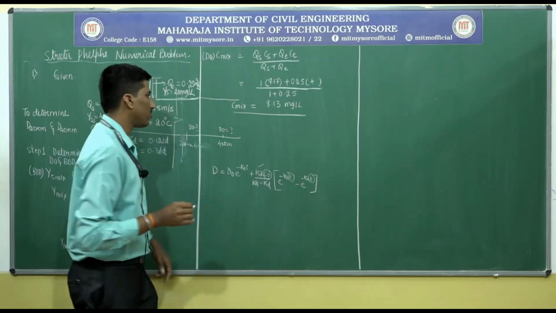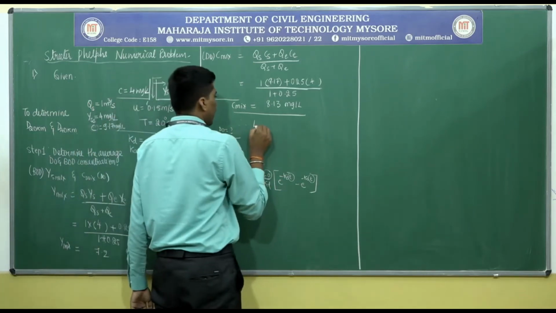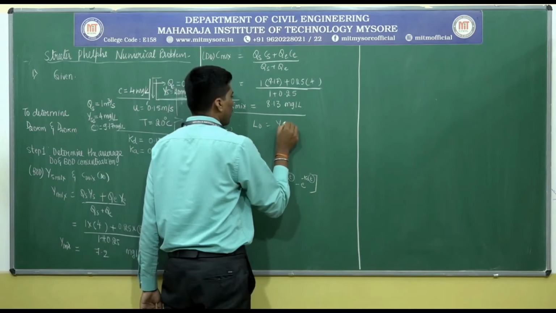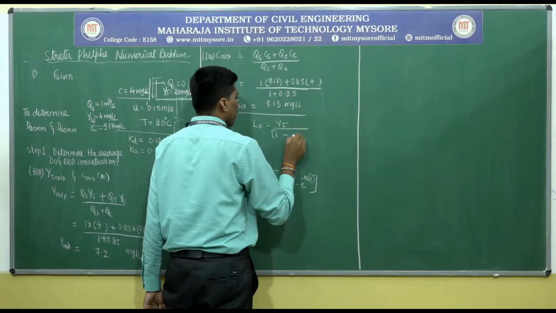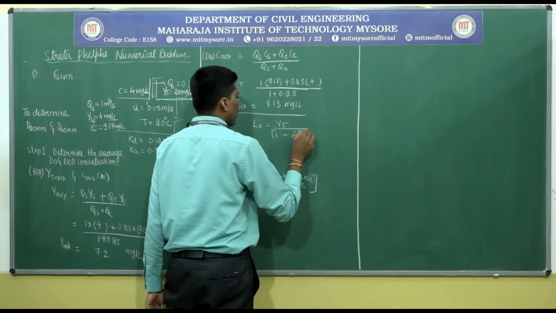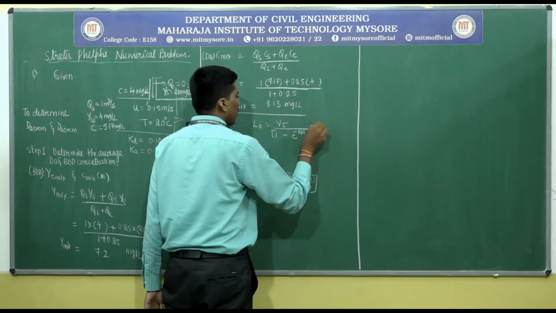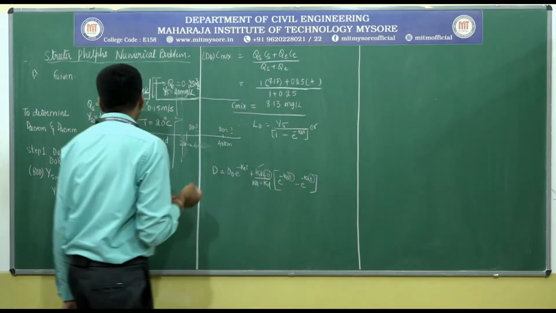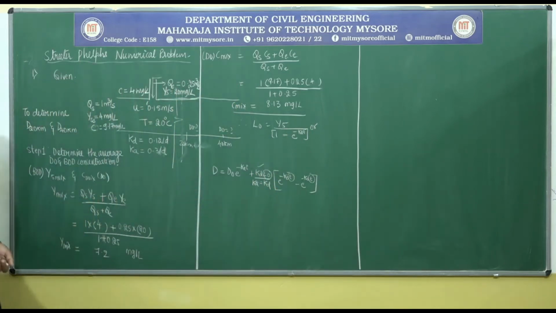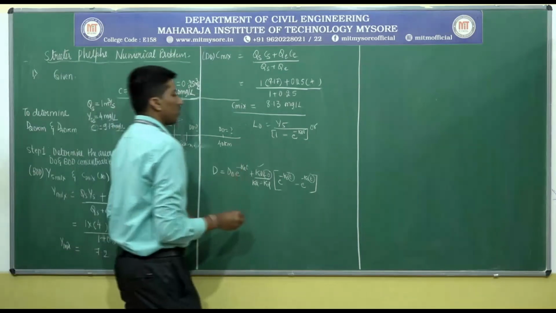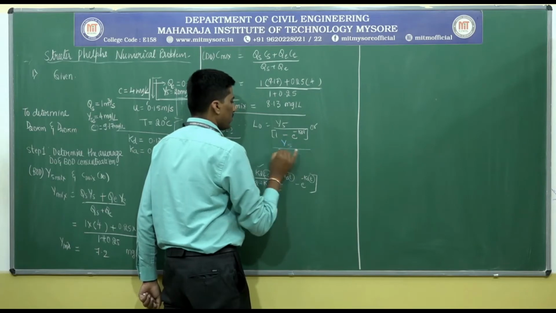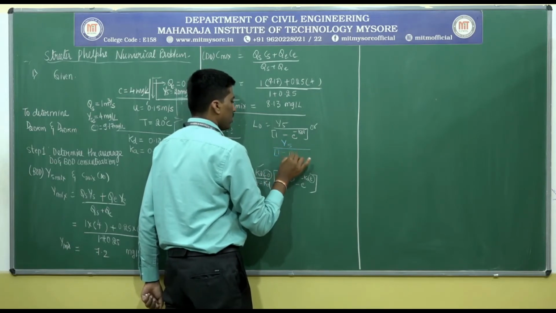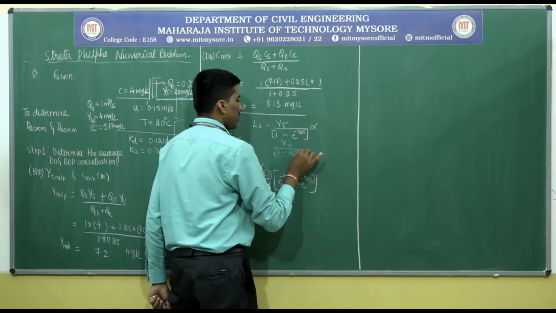Therefore, L0 is equal to Y mix divided by 1 minus e raised to minus Kd into T, or else, looking at the constants we have taken up, it can also be represented as Y mix divided by 1 minus 10 raised to minus Kd into T.